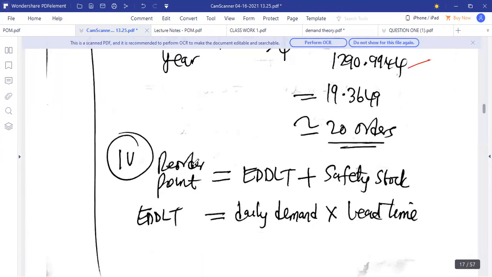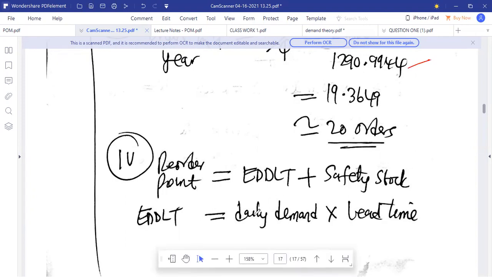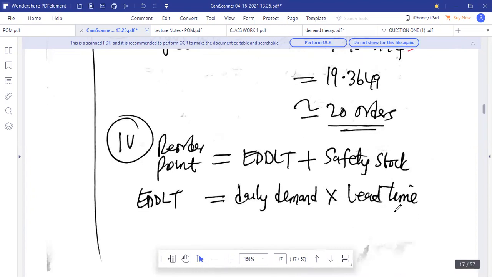Then the order point, we said the formula is expected demand during lead time plus the safety stock. Lead time, like I mentioned, is a time between when you place an order and when you receive an order. That's a lead time. So we have to find the daily demand multiplied by lead time.